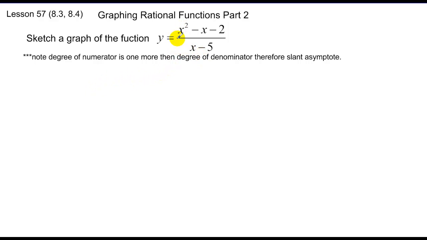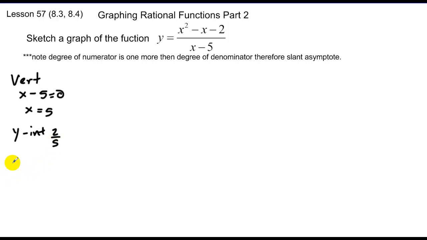Let's first of all go ahead and find all the other things we've been looking for in our previous graphs. We have a vertical asymptote of 5 because we set the denominator equal to 0. So we get x equals 5. We have a y-intercept of 2/5 by setting x equal to 0.